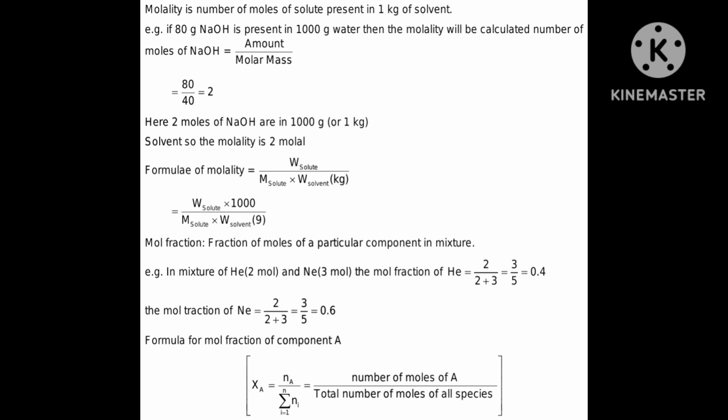One thing: always try to calculate in mind. This is the best method for competitive examinations, because a calculator will not be allowed. You have to do the calculation in mind.